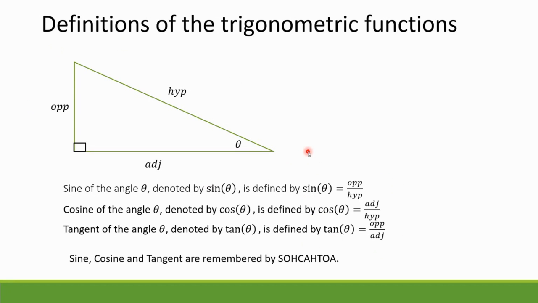You have SOHCAHTOA, basically. We have opposite, hypotenuse, and adjacent. This is our angle theta. Theta is acute, meaning it's between 0 and 90 degrees.